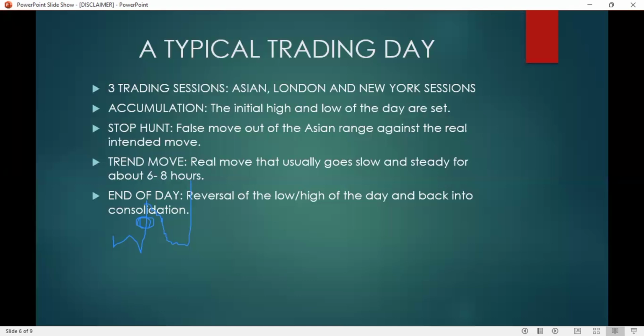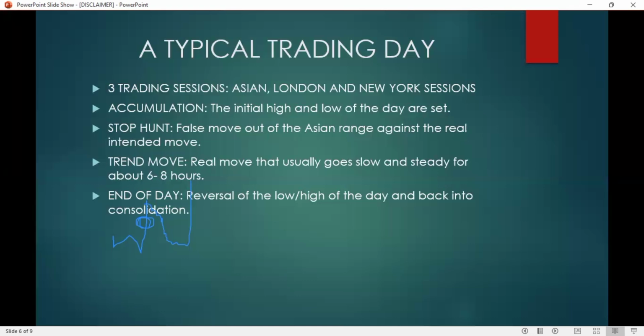Then, what about the London session? The London session runs between 7:30 GMT to 1300 GMT, and that's basically where you get to see major market moves. That's one of the things we're trying to do, to align ourselves so much so that we'll be able to capitalize on such trades.